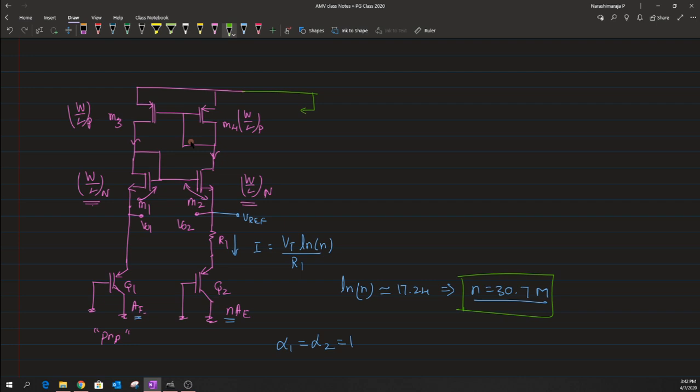So let me add a mirror structure, and let me use the value of VB that has been generated here and plug it in here. Now let me label this transistor as M5, and if this M5 also has the same W by L of P, then whatever current flows here, which is I, which has been defined here, will also flow through this particular circuit.